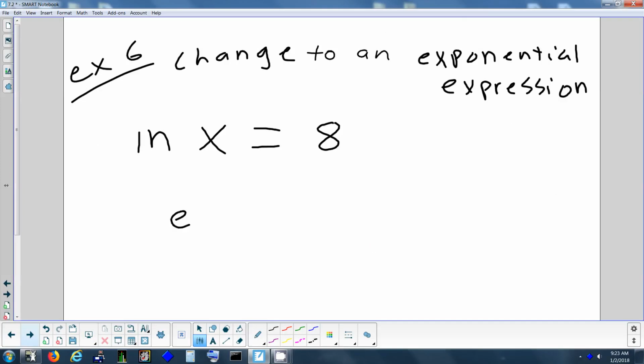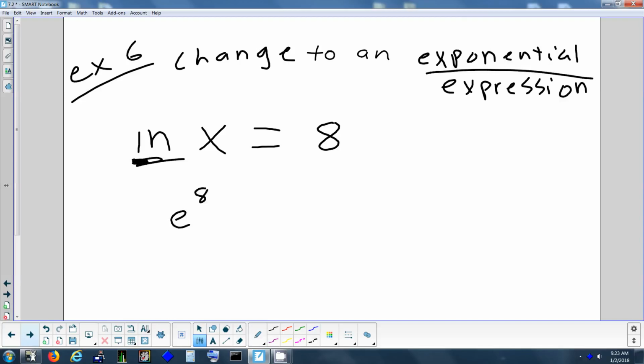So if you want to rewrite it as an exponential, we got to remember what that base is. So e, what would be my exponent? Yep. 8, right? Logarithm always equals the exponent.